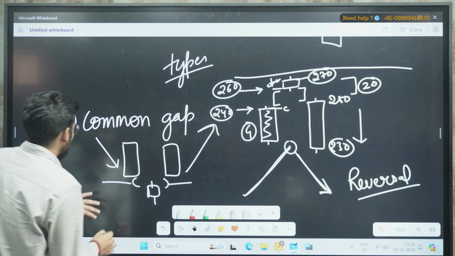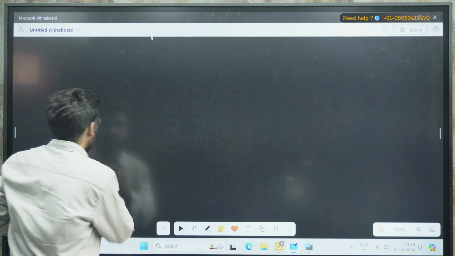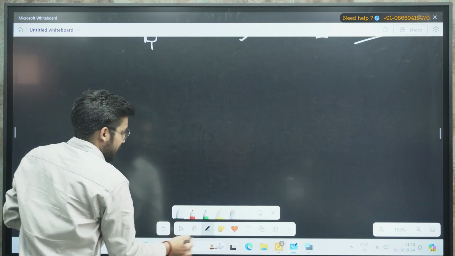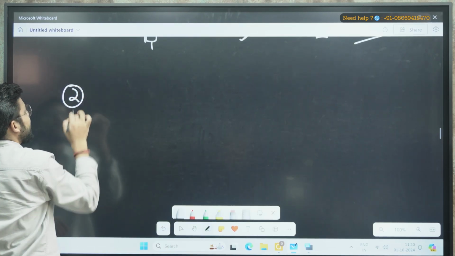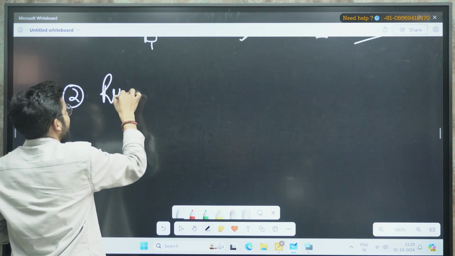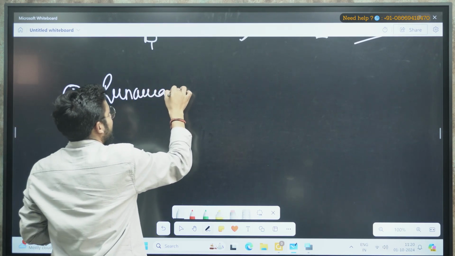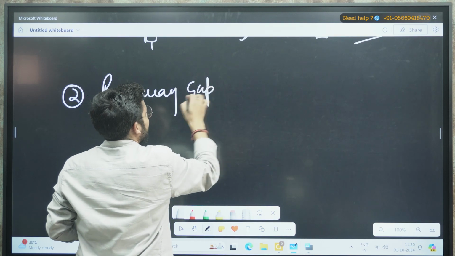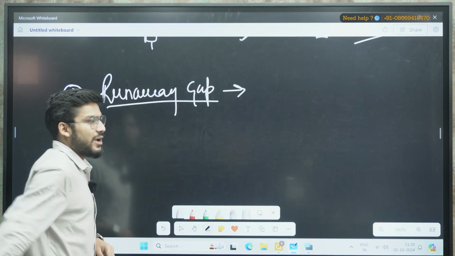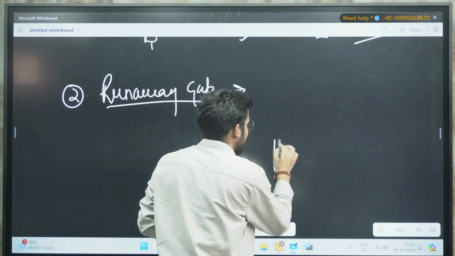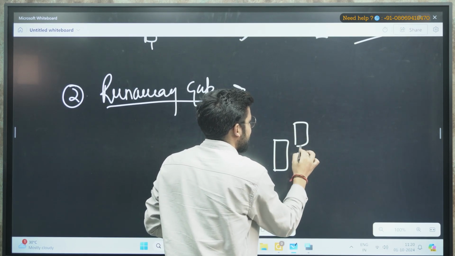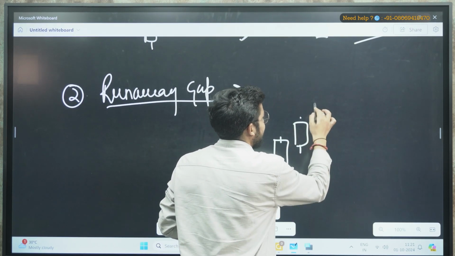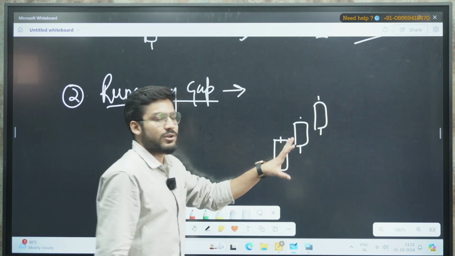Now let's go to the second thing. Second, that is a runaway gap. Now runaway gap, for example, your market is trending like this. There is a candle and then there is again a candle. It doesn't matter if these are green or red.